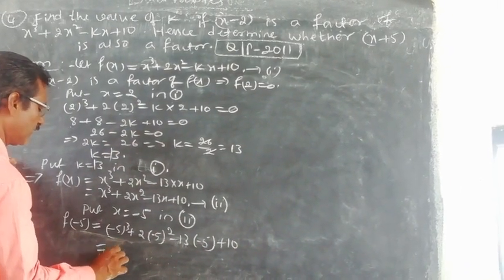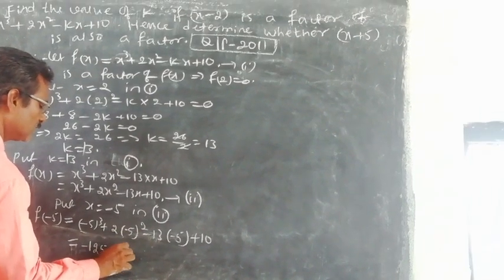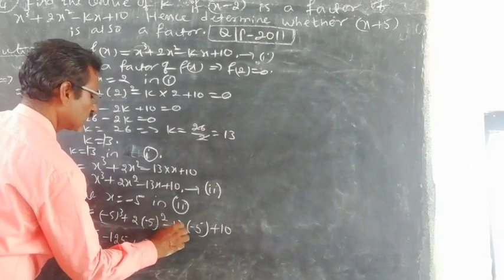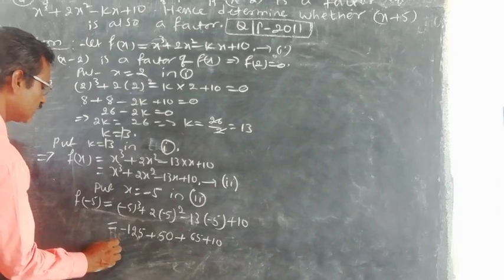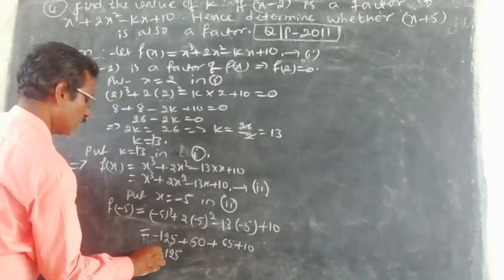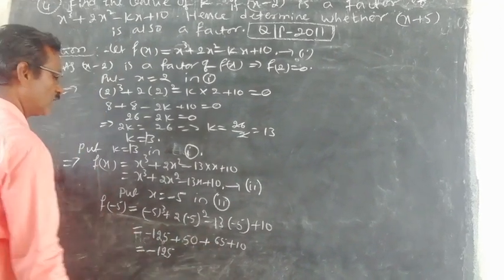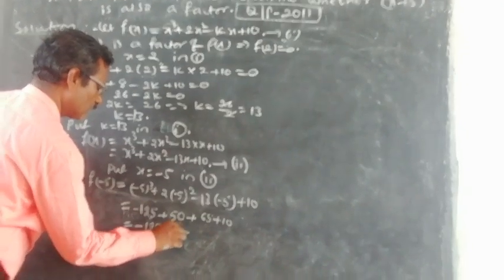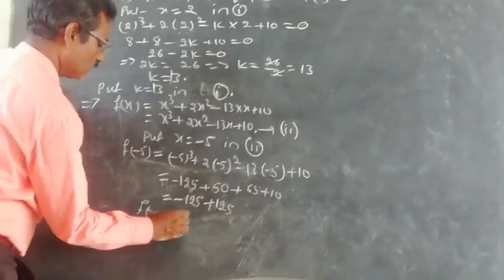This is equal to minus 125 plus 25 twos are 50, then minus into minus is plus, 13 fives are 65, plus 10. So this is equal to minus 125 plus 50 plus 65 plus 10, which is equal to 0. f of minus 5 is equal to 0.